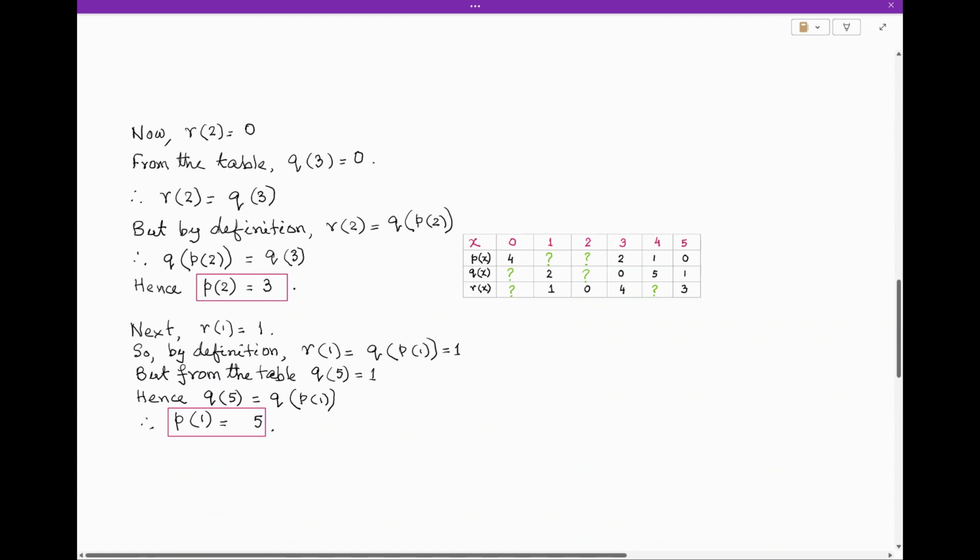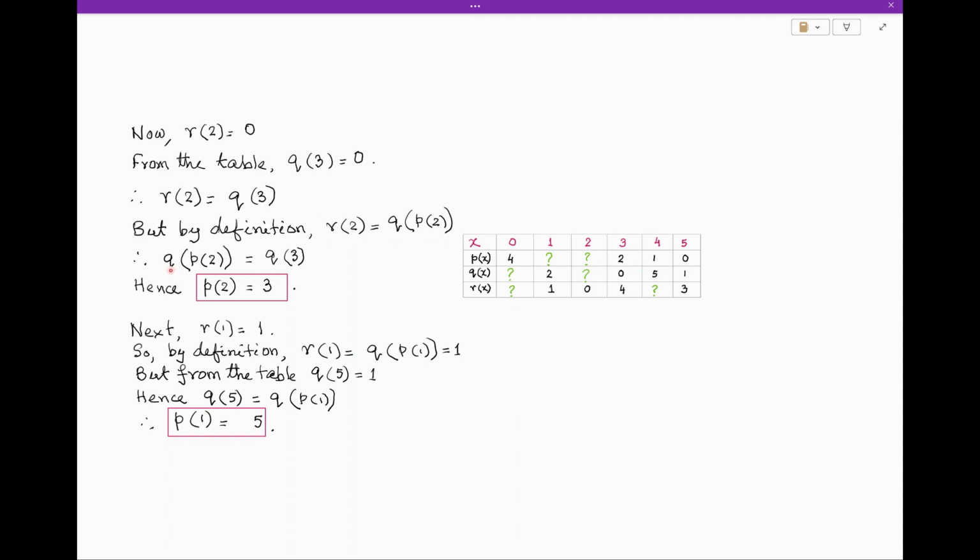Now from the table, R(2) is equal to 0. Also from the table, Q(3) is 0. Therefore, R(2) is equal to Q(3). But by definition, R(2) is equal to Q(P(2)).